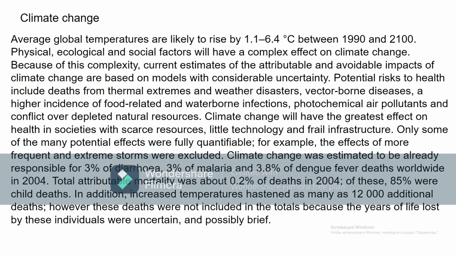Climate change is a controversial issue also, but we should take it into account, because, as was researched, climate change was estimated to be already responsible for 3% of diarrhea, malaria, and fever. So it's actually an important factor to take into account.